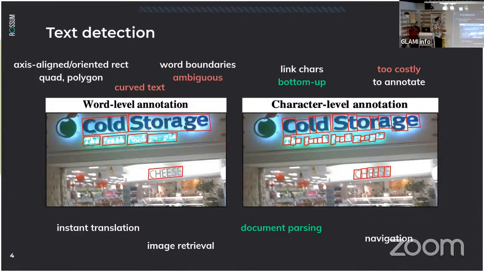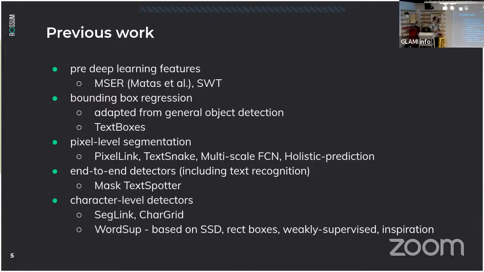Or document parsing, which is something closer to what we do in Rossum. So we have documents, and we want to find the structure, what is inside, and so then we can find important information there, and even recognize the individual characters into text. It can be useful also for navigation of self-driving cars and many different ways.